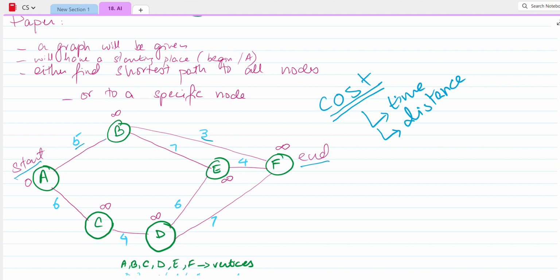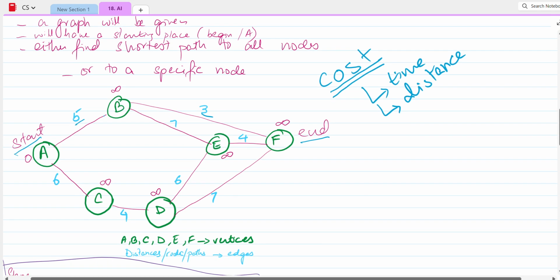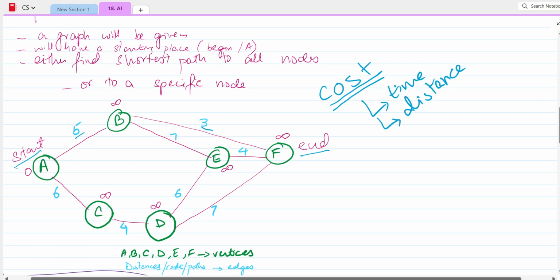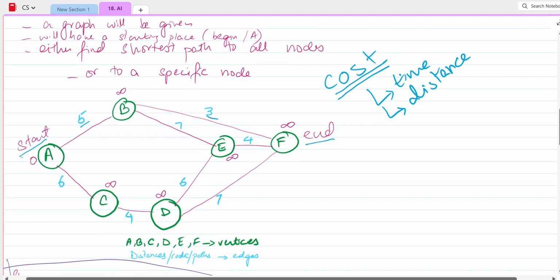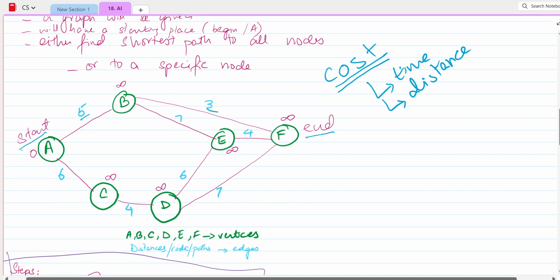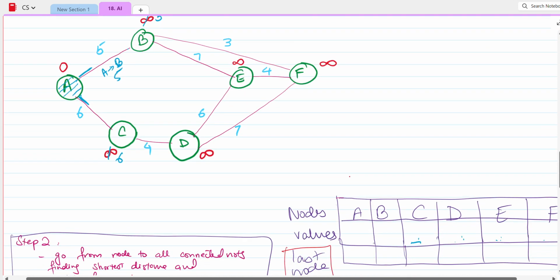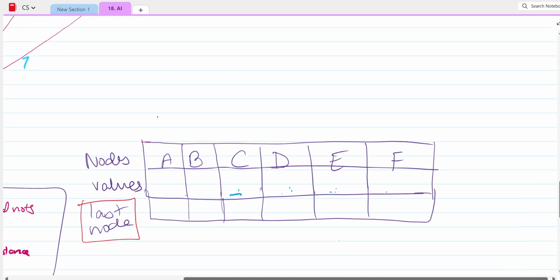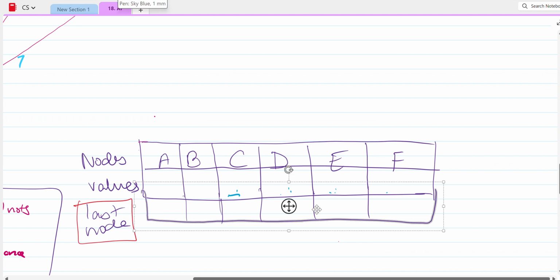Now we'll be looking at the steps that you have to follow. Your task in this example is to find the path to all the nodes. You will be given a work area, and you will be given a table to provide the final values. The table will look like this: the nodes and the values to it.